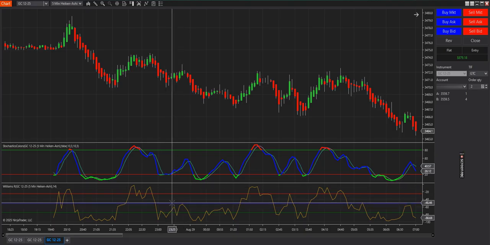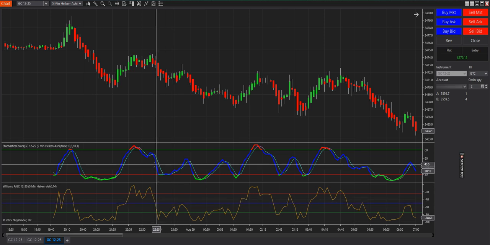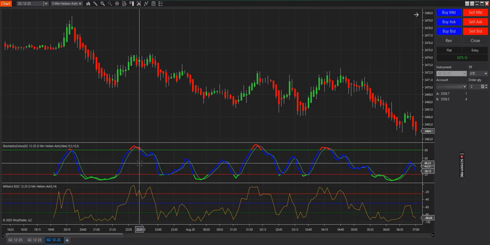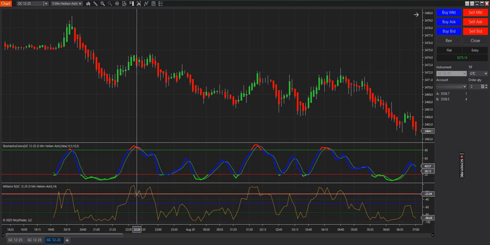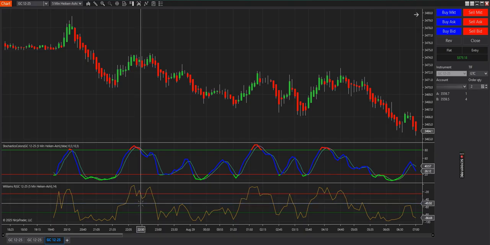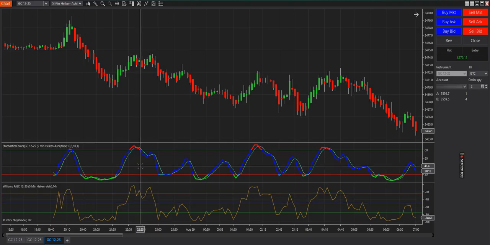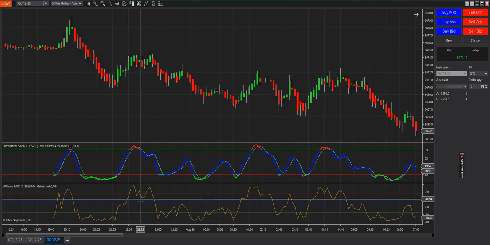What I'm looking for is when it crosses down or touches the green, I'm also looking for the Williams R to touch the blue. Here you can see it's not touching the blue, so I'm going to move on.